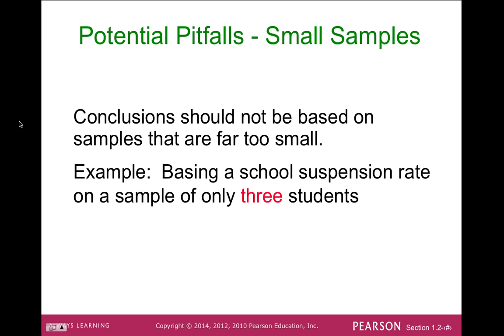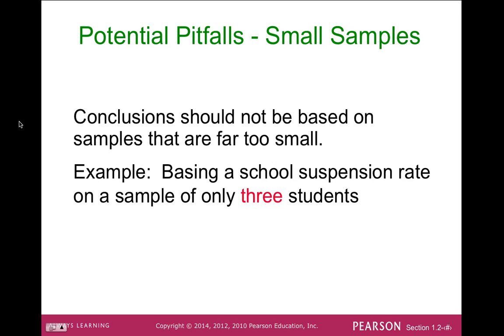Another potential pitfall is small samples. Conclusions should not be based on samples that are far too small. So, for example, basing a school suspension rate on a sample of only 3 students. Let's imagine that the school has 2,000 students, and we're only sampling 3 students to base the school suspension rate.